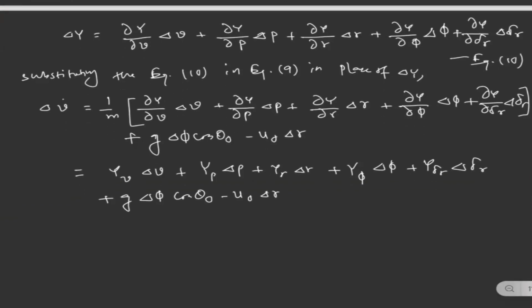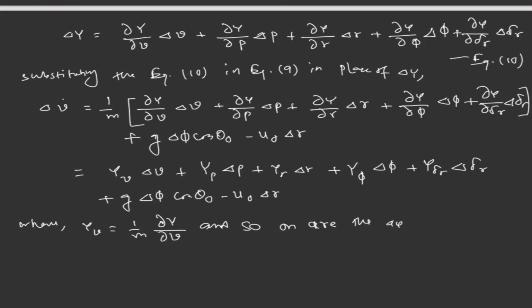So where yv equal to 1 upon m del y del v and so on are the aerodynamic derivatives divided by airplane's mass.